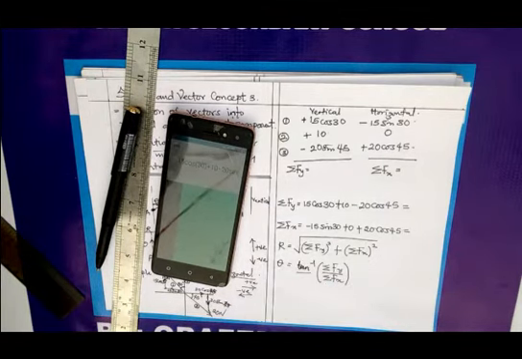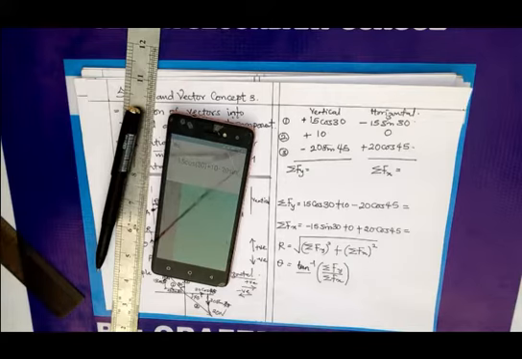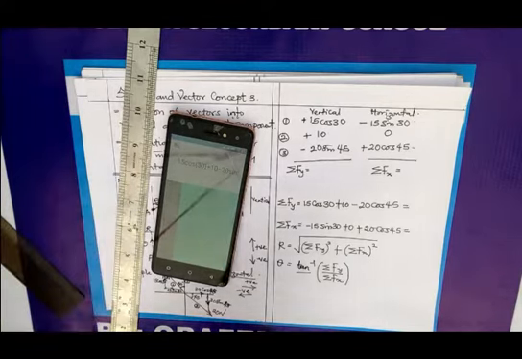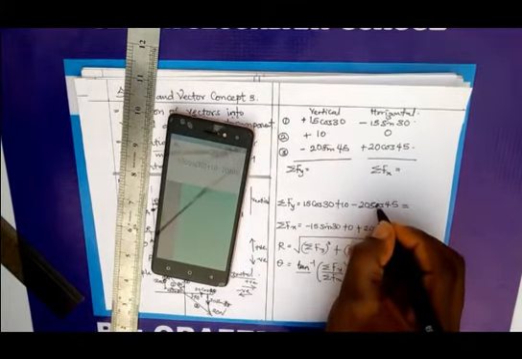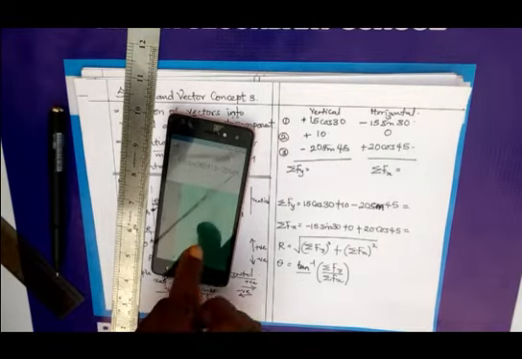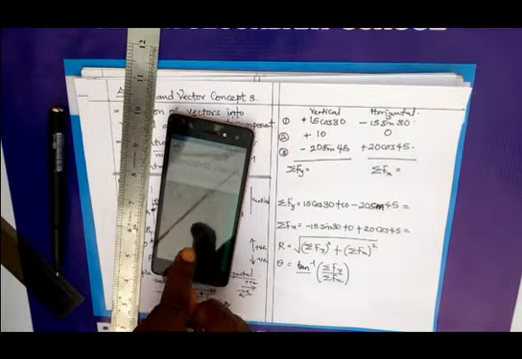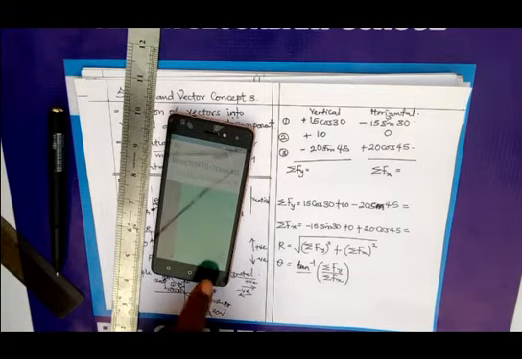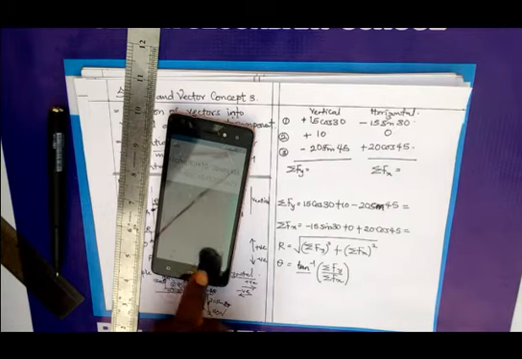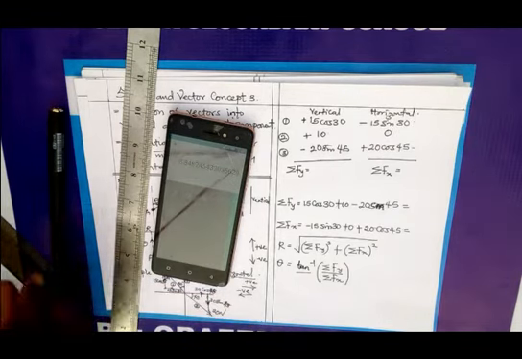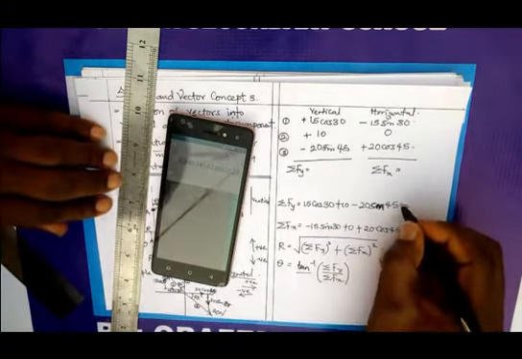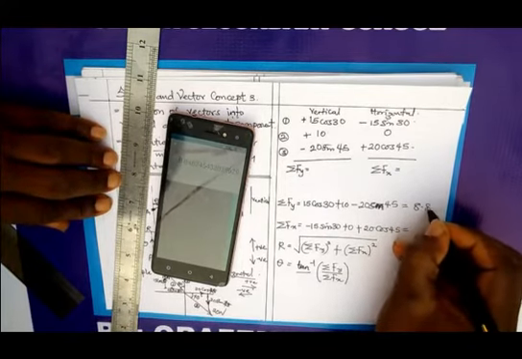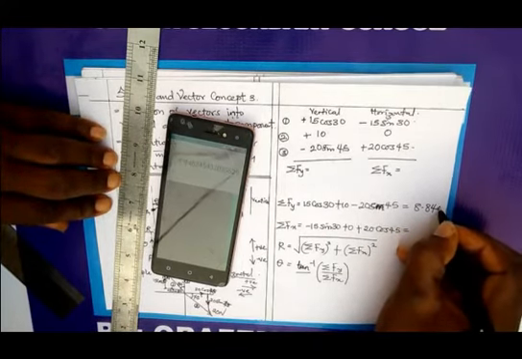Is it? 20 cos 45. So this one is equal to 8.84 Newton.